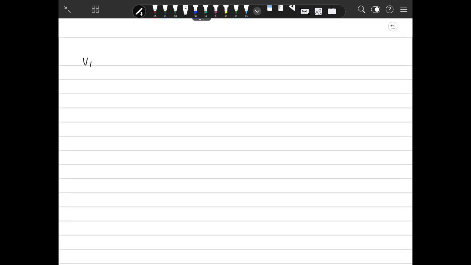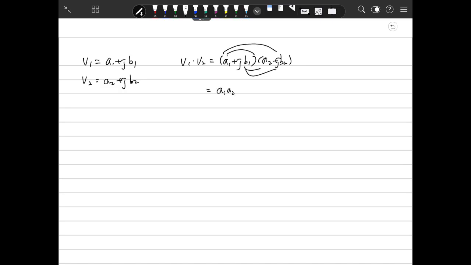If V1 is A1 plus jB1 and V2 is A2 plus jB2, then V1 times V2 is (A1 plus jB1) times (A2 plus jB2). Here we can expand it: A1A2 plus jA1B2 plus jB1A2 minus B1B2, which is A1A2 minus B1B2 plus j(A1B2 plus A2B1).